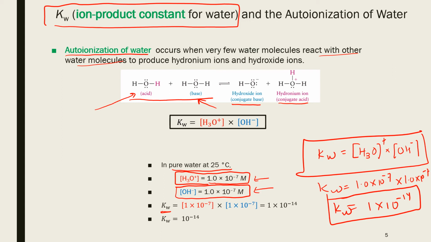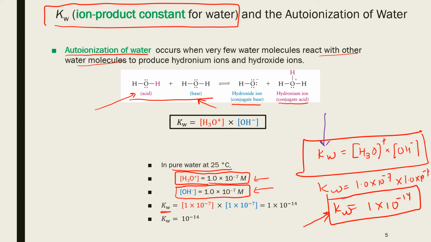equal to 1 times 10 to the negative 14. So the value of Kw is always constant, and it is equal to 1 times 10 to the negative 14. So it means that we always know the value of Kw.